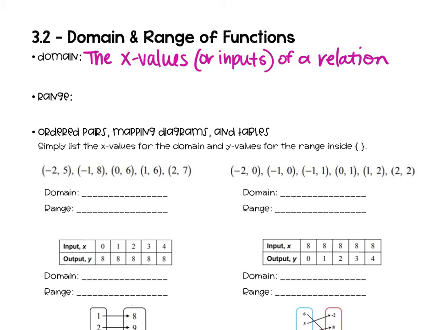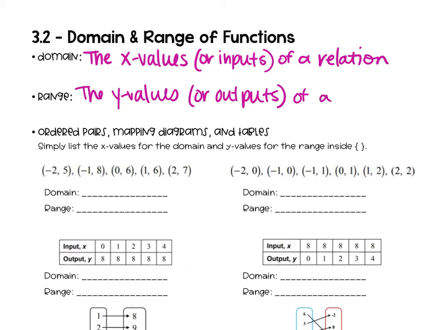And then range are the y values, which are also called the outputs. Remember, a relation is a set of ordered pairs, points on a graph, things like that.